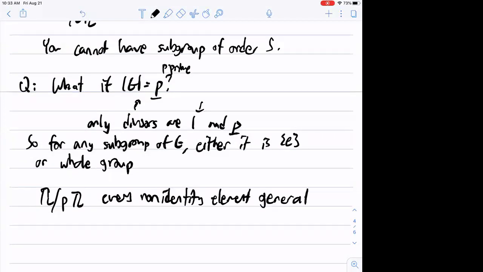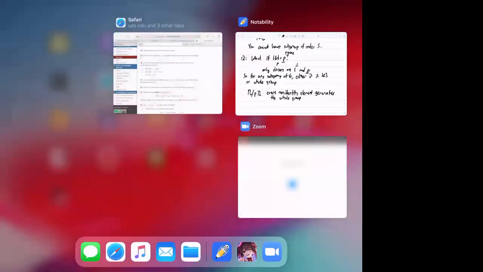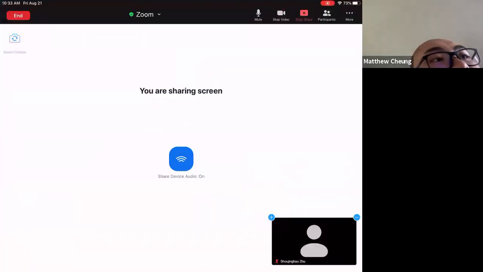You all learned this, because any number is coprime to P, and you learned that coprime numbers generate Z mod N. So this is an example of that: you either get just the identity group or the whole group. Everyone clear so far?